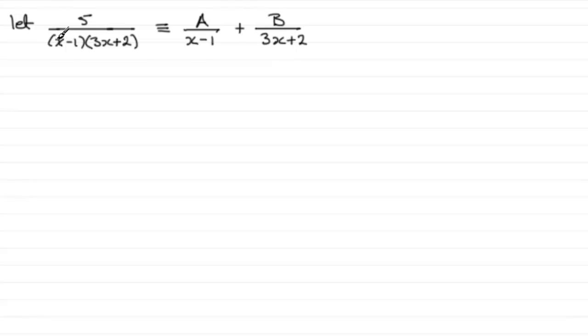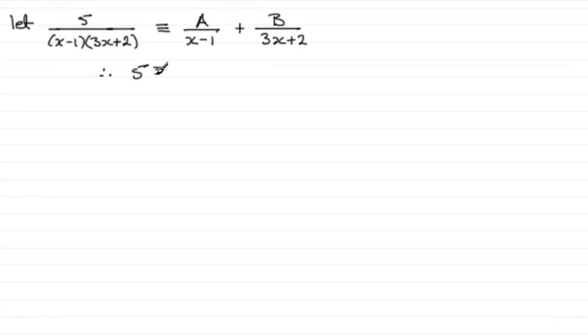So we do this by timesing both sides by the denominator here, x minus 1 times 3x plus 2. So if we do that, on the left we would just be left with 5.